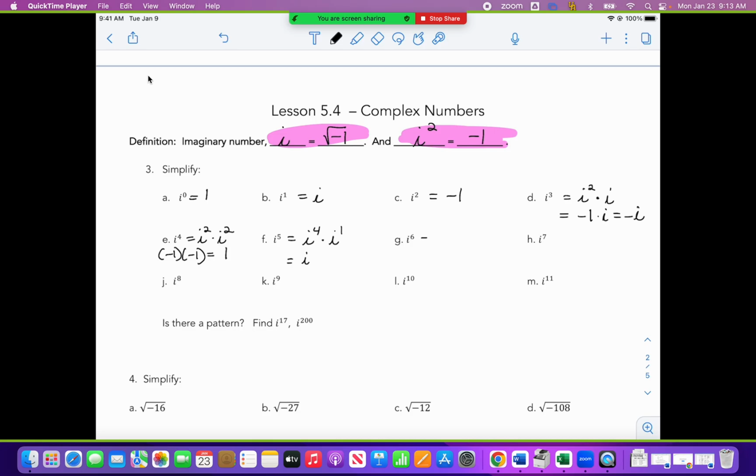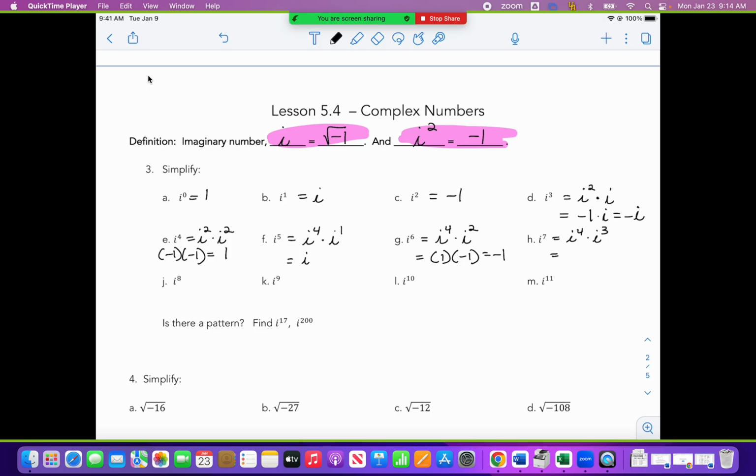All right, so I to the sixth, I can make I to the fourth times I squared. So Hannah, what's I squared? Negative 1. So I get 1 times negative 1. So I to the sixth is negative 1. Okay, I to the seventh is I to the fourth times I cubed.